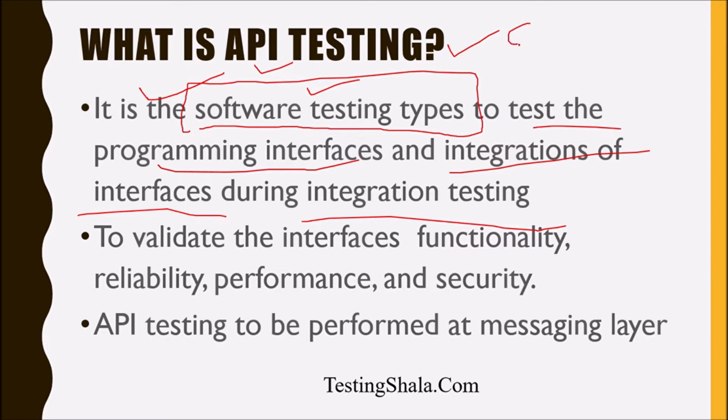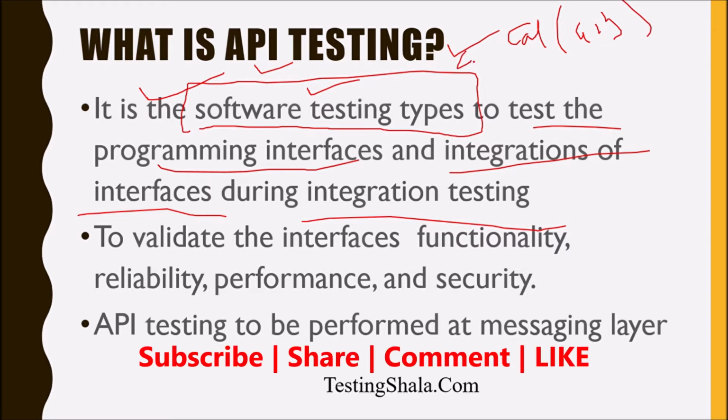Let's say we have a calculator function with A comma B. Here you are going to send the values to calculate A and B. It could be A plus B, A plus C, all these calculation functions, and it will return the number which is C. So in this interface we'll be testing by passing all the parameters into the cal function. So this is all about API testing.